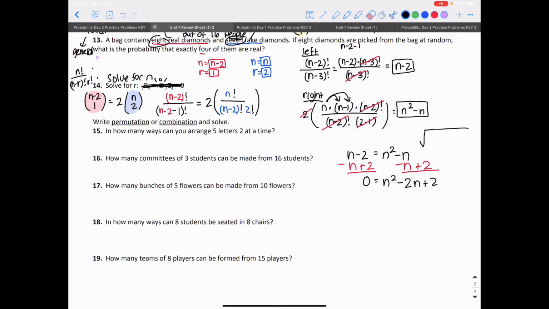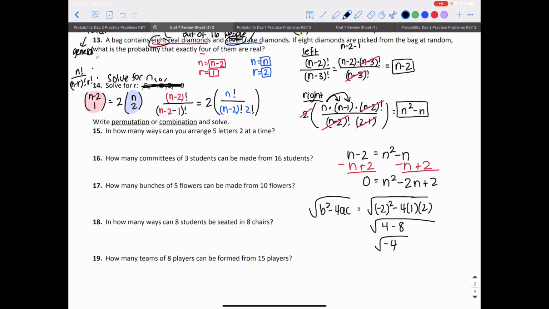That's negative 2 squared minus 4 times 1 times 2, which gives me 4 minus 8, which is negative 4. The square root of that is not a real number, so we did all of that for no solution. The answer is no solution.